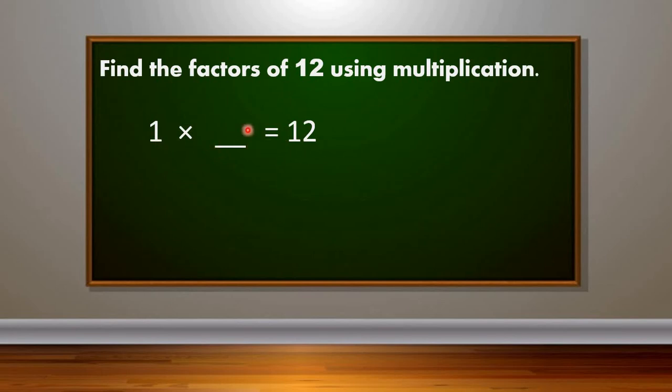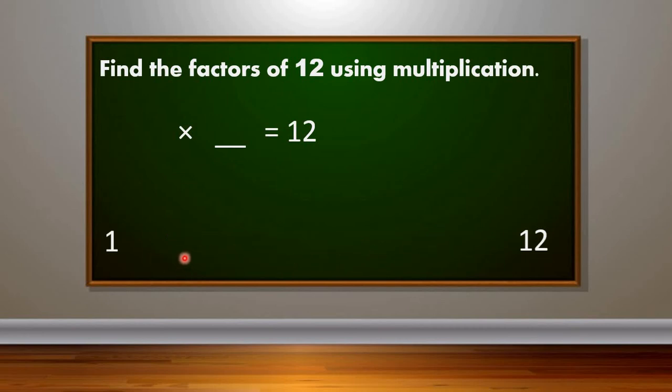Think of the number? Yes, if you multiply 12 with 1, you get 12. So you may say that number 1 and number 12 are the factors of 12. So keep number 1 at one end and number 12 at the other end. And the space in between will be filled by the numbers which are the factors of 12.